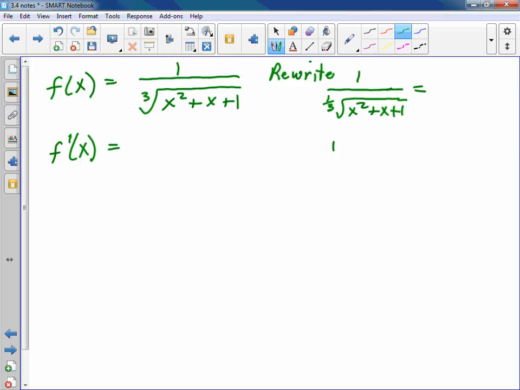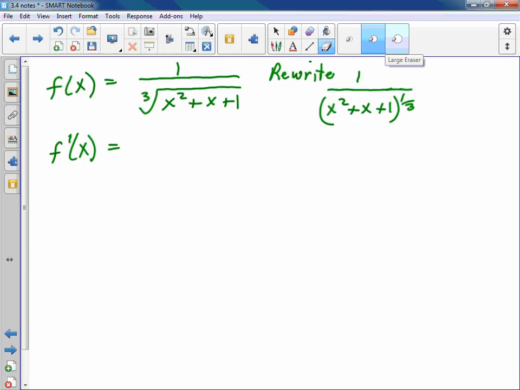Okay, are you saying 1/3 times the square, or the cube root, I'm sorry. I meant x squared plus x plus 1 to the third. That's what I meant. I make lots of mistakes.